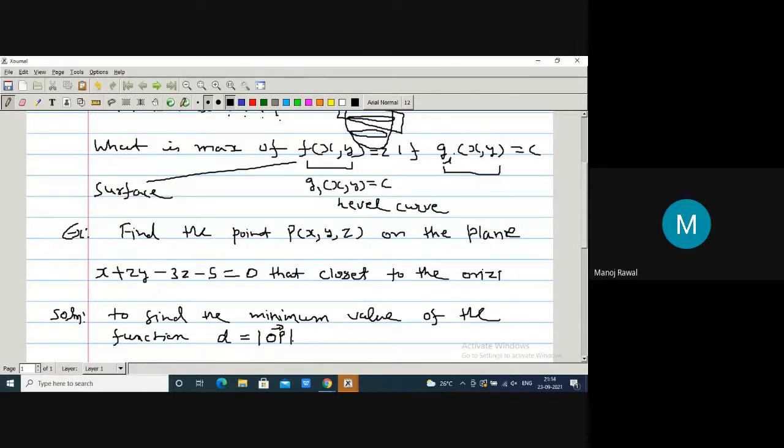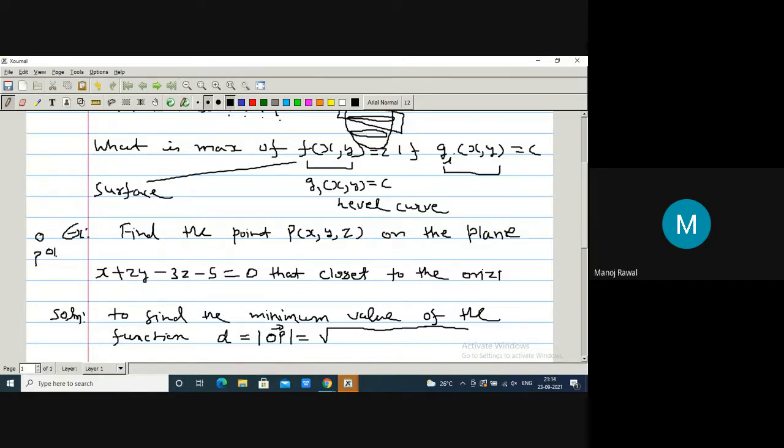So OP is nothing but the square root of, tell me what is this going to be? P you are given, origin you are given.